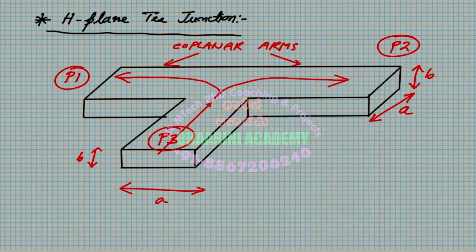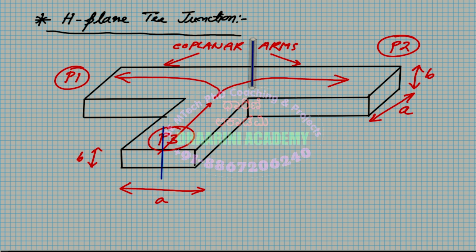Let me draw two lines through this. So this is one line, and I'll try to draw a similar line. Not here. I'll try to draw it again somewhere here. Maybe this will come like this. So this is a plane of symmetry.